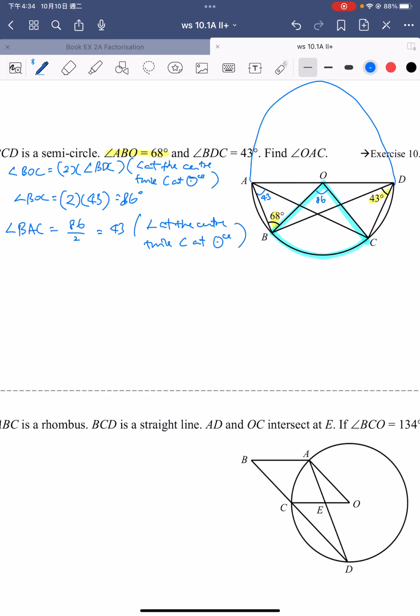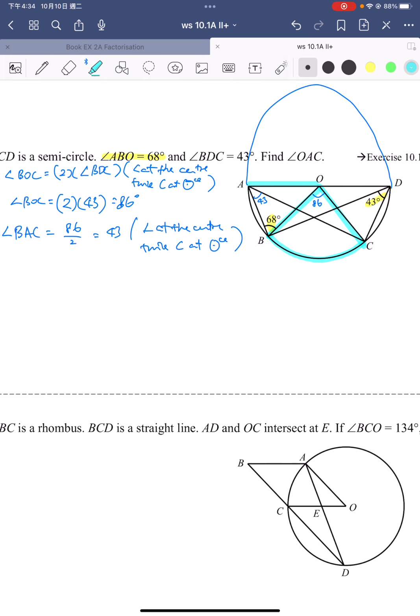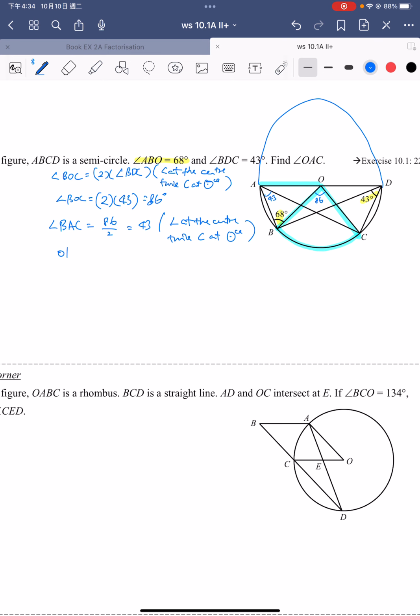Then what's the next step that we can do? For example, if you look at the radii, is there any radii that we have? We actually got these radii OA and OB, is it? And we still got the radii OC and OD. So if you write it down, we have OA is equal to OB by using the common radii.